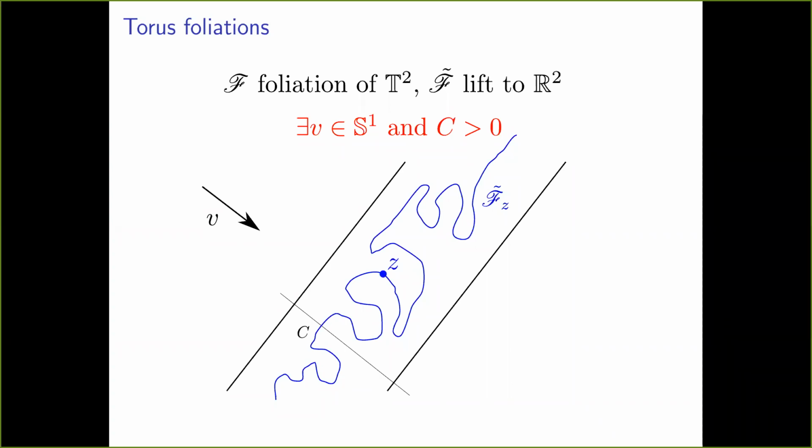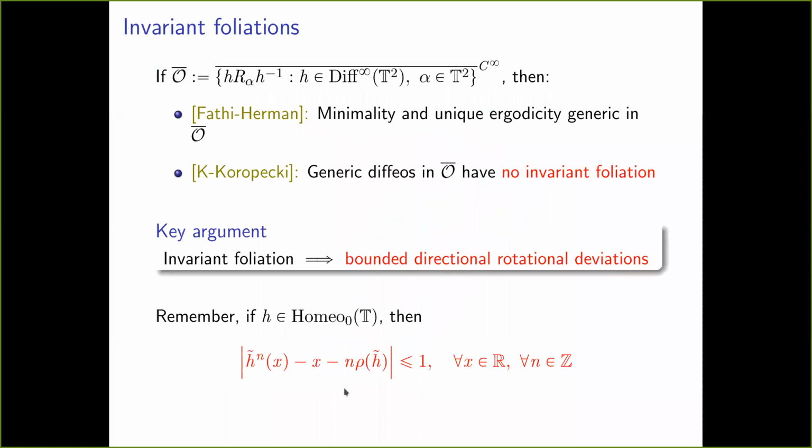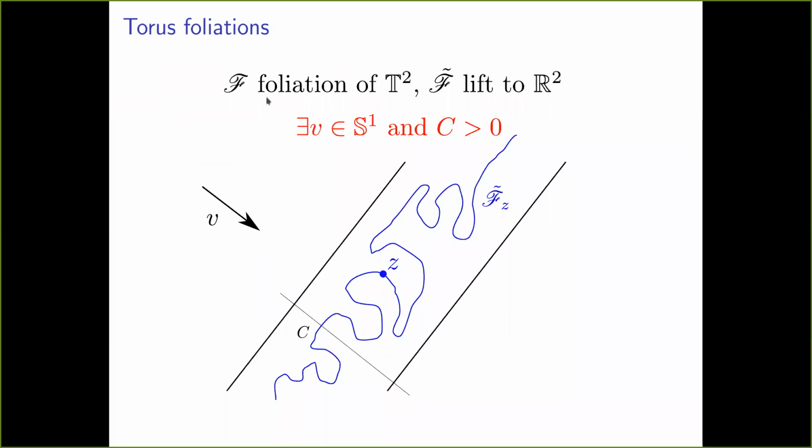In both cases, you can easily show, because of this property, that if you have a foliation on T2 and you lift the foliation to the universal cover, then there exists a vector V, and it's not important that it has norm 1, the important point is that it is non-zero, and there exists a constant C, such that every leaf of the foliation is contained in a strip of width C. For any leaf, you can find a strip of width C such that the leaf is contained in the strip.